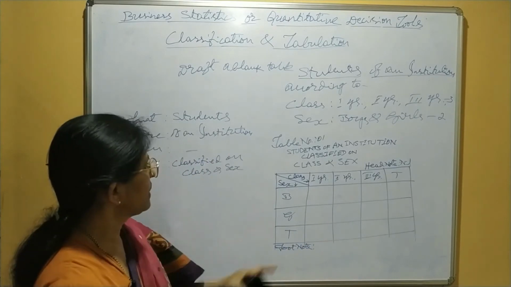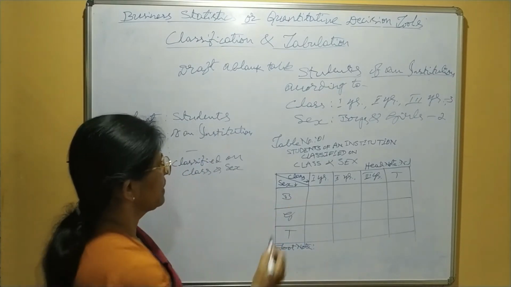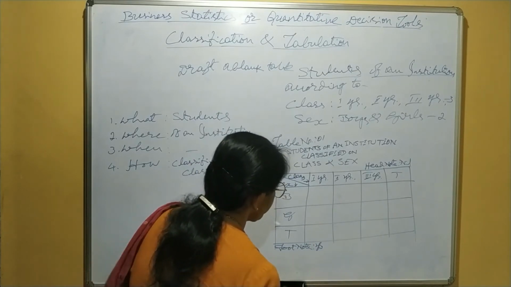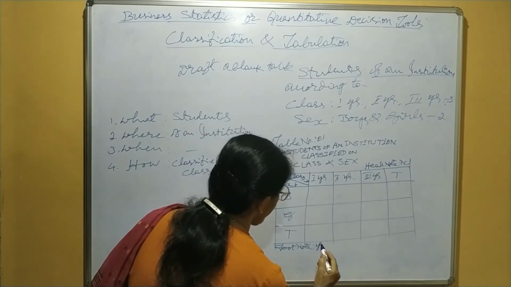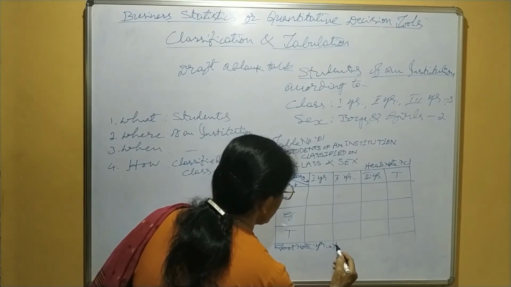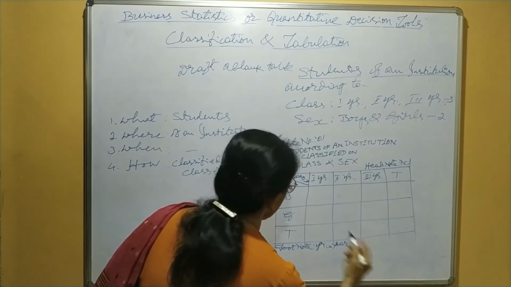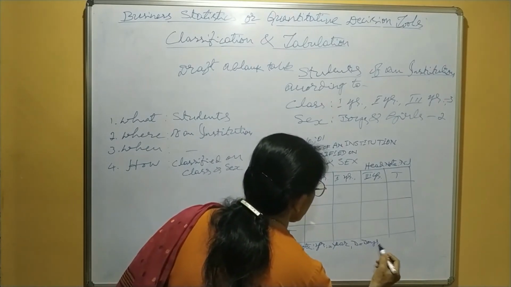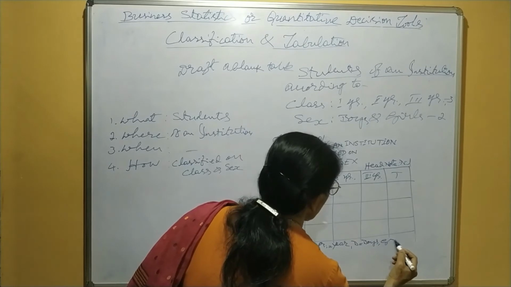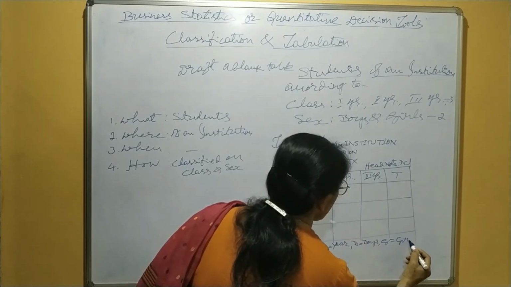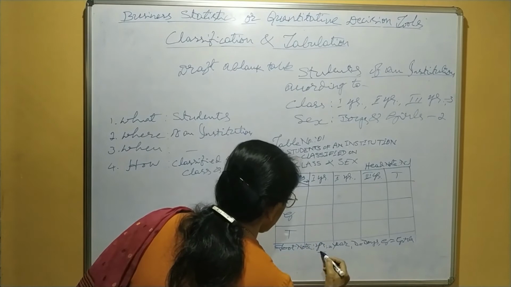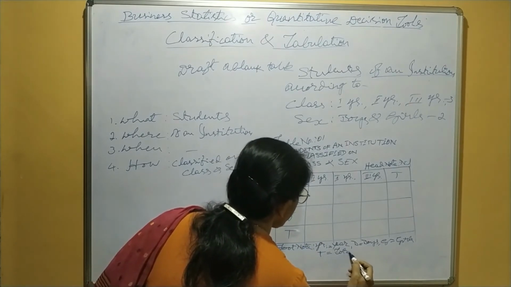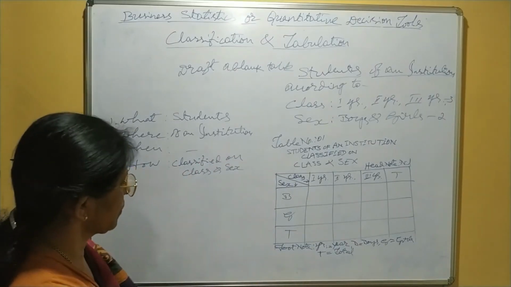Now in the footnote you may give the abbreviations we have used: YR equals year, B equals boys, G equals girls, and T equals total.